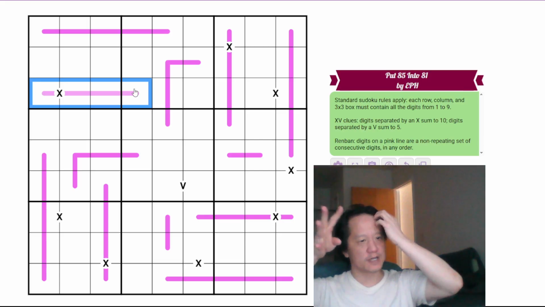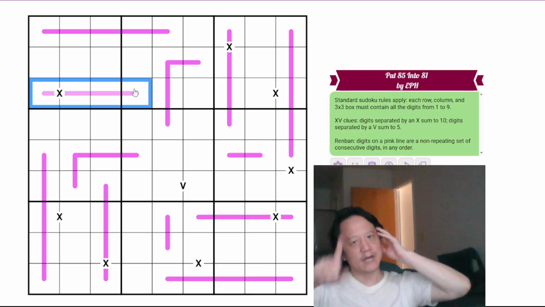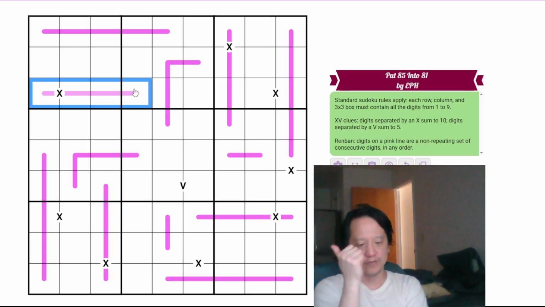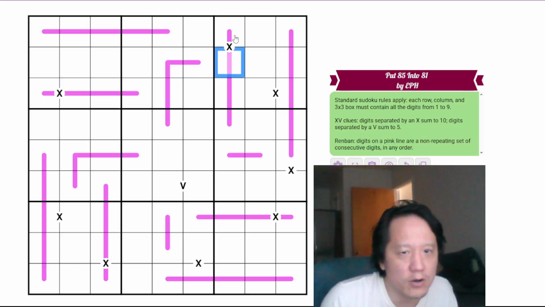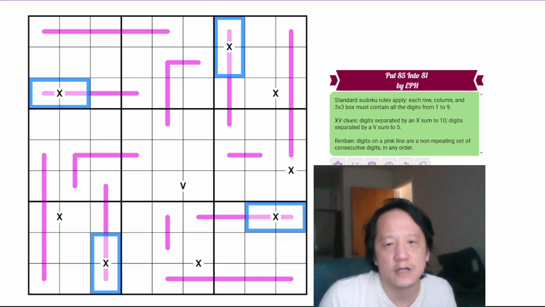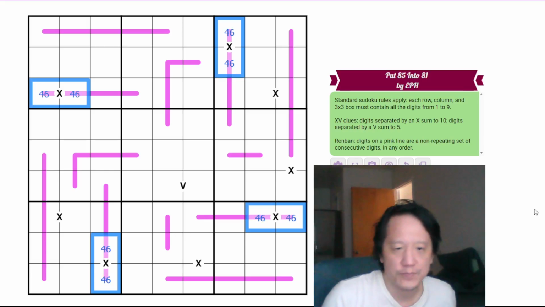Again, no 4 consecutive digits have 2 and 8 in them. 3 and 7 doesn't work, because 3 can only go up to 4, 5, and 6, and 7 can only go down to 6, 5, and 4. So this pair of digits on an X, on a 4-length renban, has to be 4 and 6.